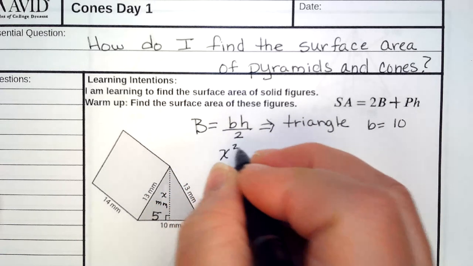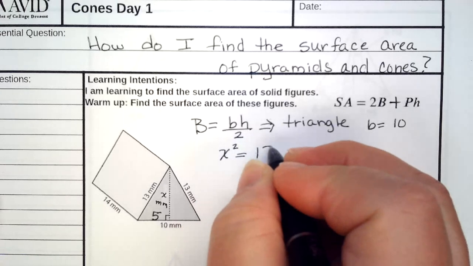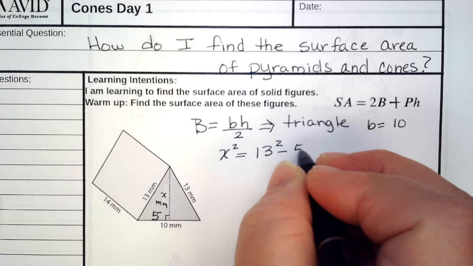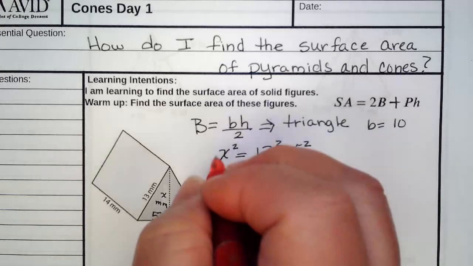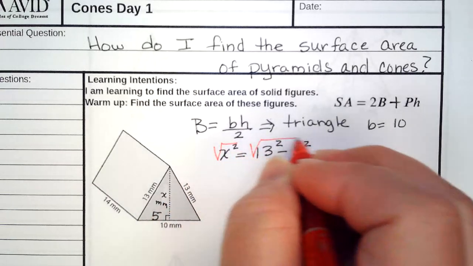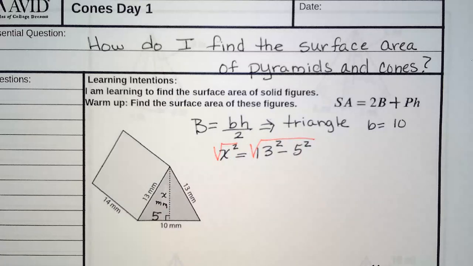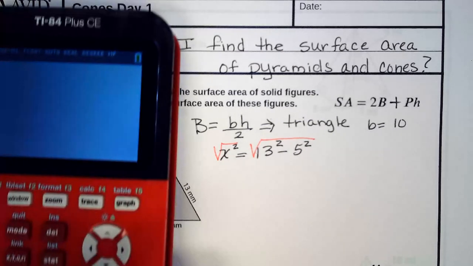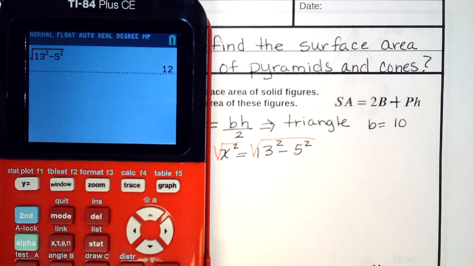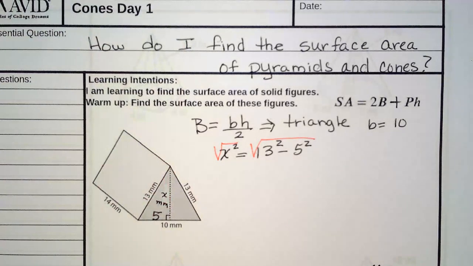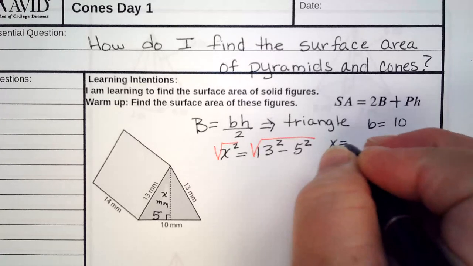So x squared is equal to 13 squared minus 5 squared. I've got my hypotenuse. I'm looking for a leg. The opposite of squaring is square rooting. The square root of (13 squared minus 5 squared), and I end up with 12. So x, which is my height, is equal to 12.